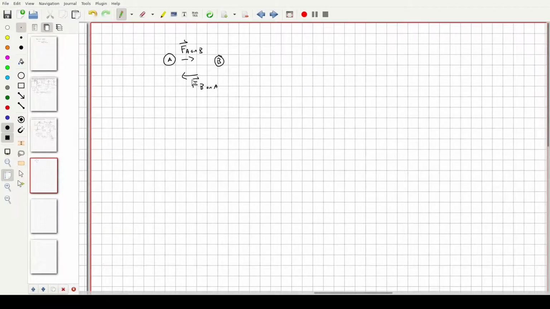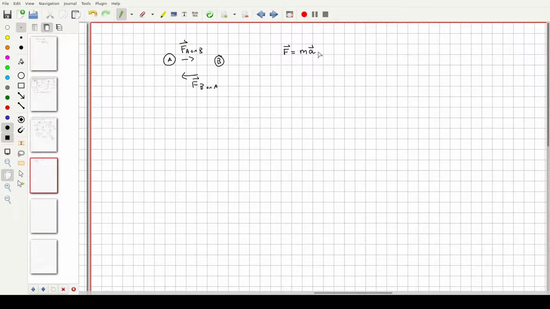Now, that said, if you look at the equation for force in general, it looks like this. But this isn't really a very good way of writing it. Because what if your mass can change?